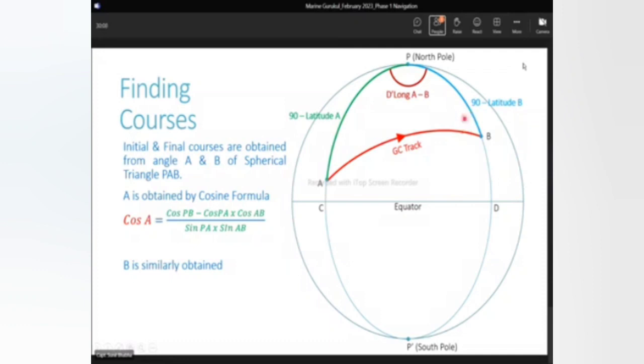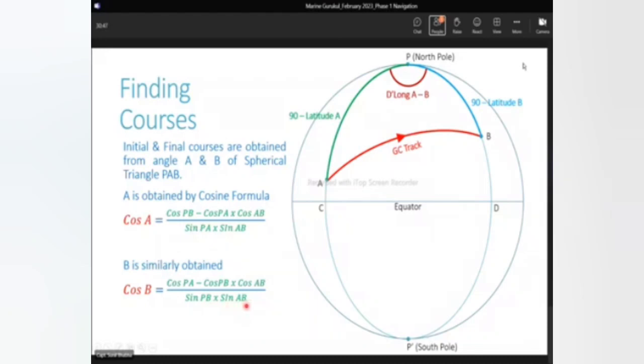Angle B is similarly calculated by applying the cosine formula again. Let's apply the cosine formula for angle B. Cosine formula will now say cos of B is equal to cos of PA, you can see PA is the opposite side to angle B, minus cos of PB, PB is the adjacent side, multiplied by cos of AB, AB is the second adjacent side to angle B, whole divided by sine of PB into sine of AB.